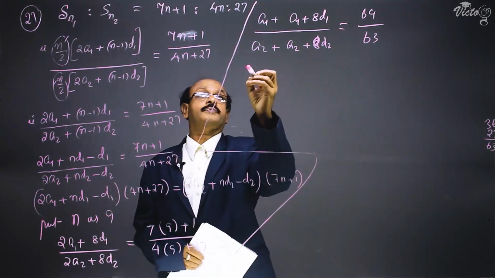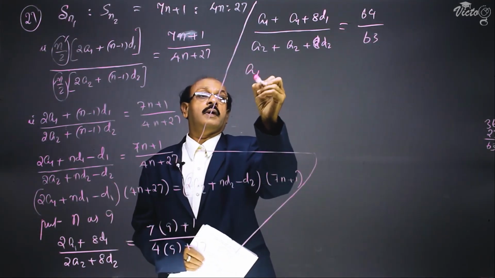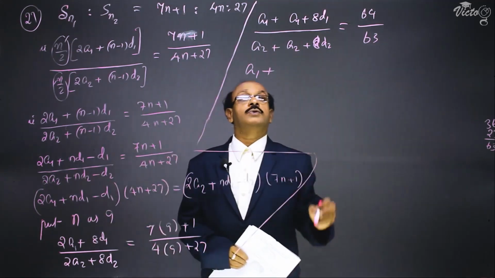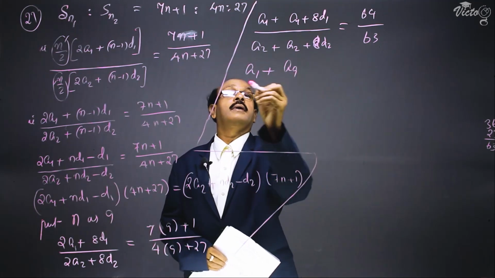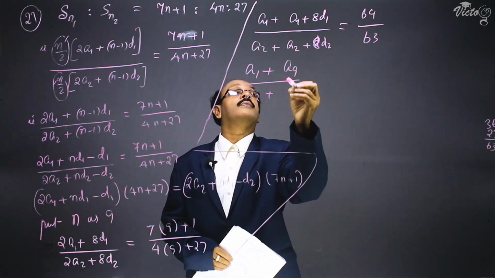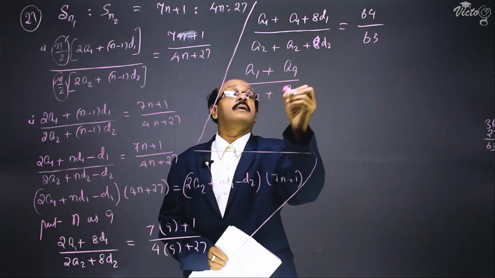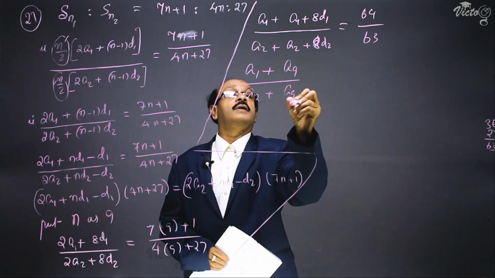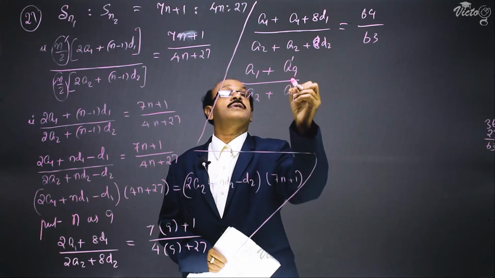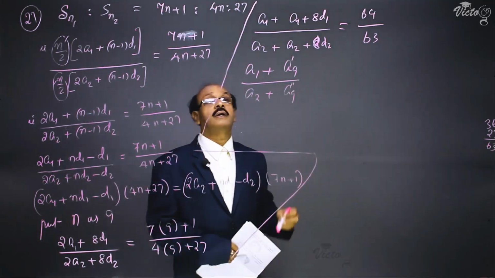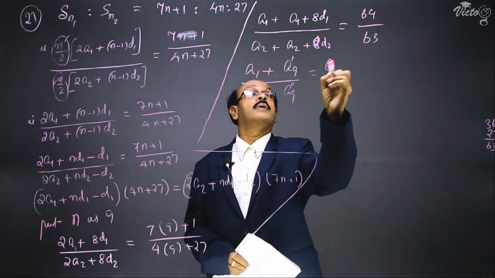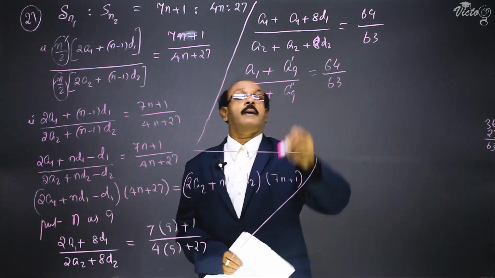Now, a1 plus 8d1 is equal to a9 divided by a2 plus 8d2, that is a9. This is the ninth term of the first AP and this is the ninth term of the second AP. We can denote it as a dash 9 and a double dash 9, which is equal to 64 by 63.